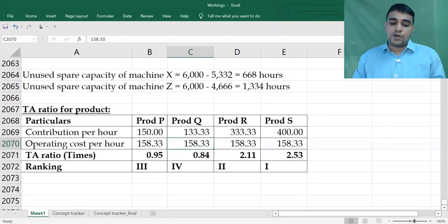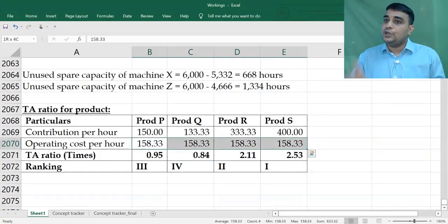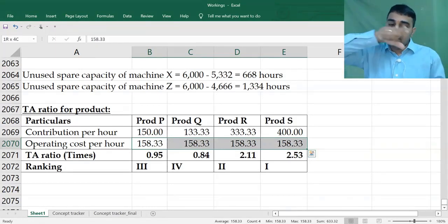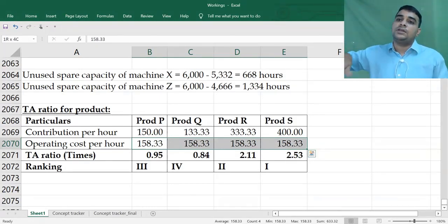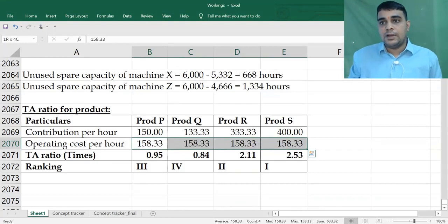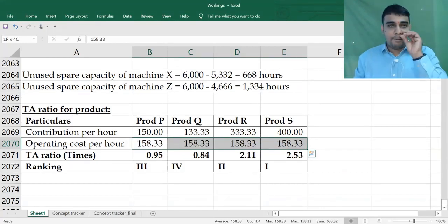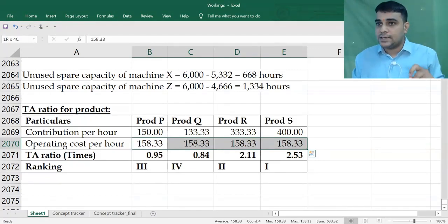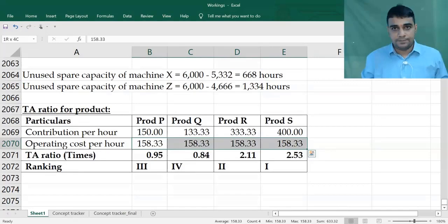Whatever contribution per hour you have calculated, you calculated only for machine Y. You did not put X, Y and Z together when you calculated the contribution per hour. So even in your operating cost, you cannot add all the three. When we computed contribution per hour, the denominator was only the machine Y hours. We did not do X, Y and Z put together.